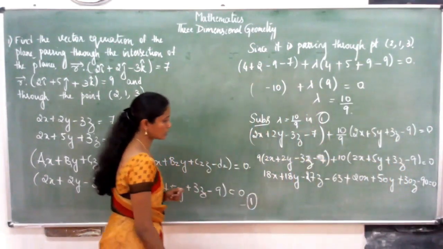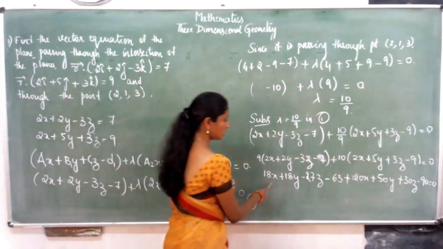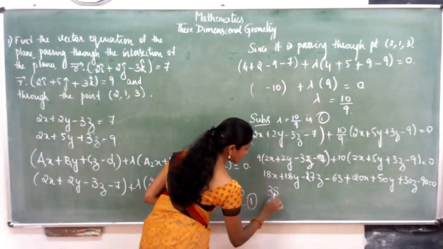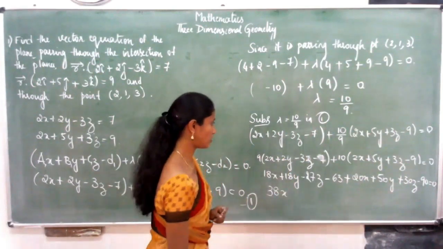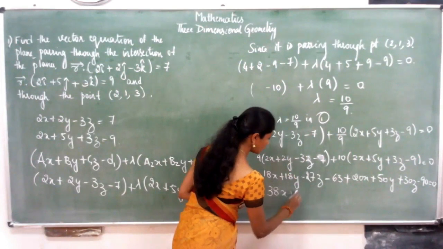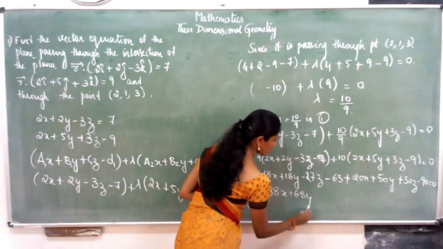Let us simplify further. So you have 18x plus 20x, therefore that will be 38x. Then you have 18y plus 50y, that will be equal to 68y.